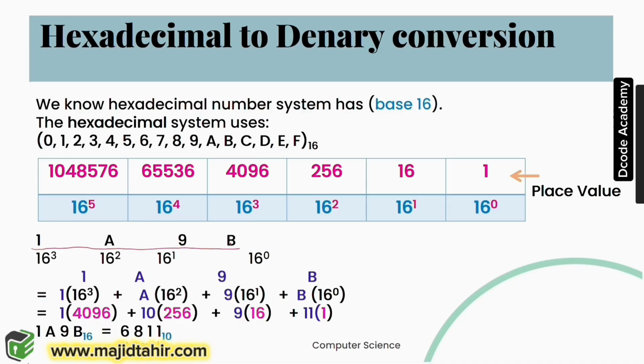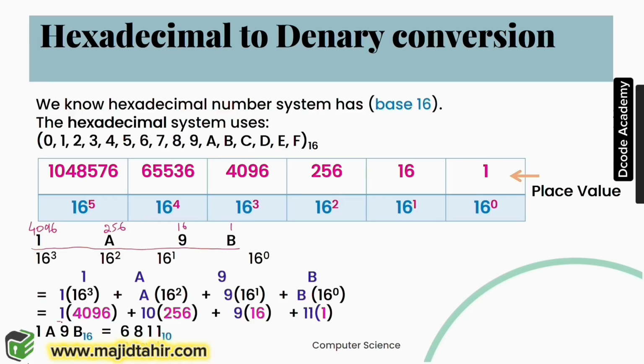We have to write down the place values above the number and multiply each digit with its place value. The first place value is always 1, so I'm writing the place values above it: 1, 16, 256 and 4096.